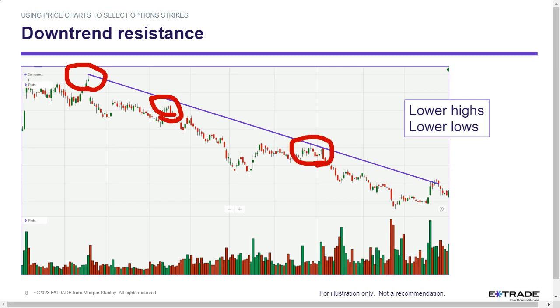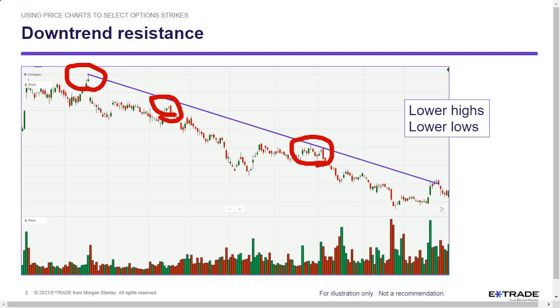What you're doing is adjusting that line to capture as many of those highs as best as possible into what we refer to as best fit. You're rarely going to get a perfect match of highs to a single line. What you're typically going to have is I'm going to draw a line, and part of those highs are going to be a little bit above, part of them are going to be a little bit below, but all in all, it is the line that best represents the slope of the highs.